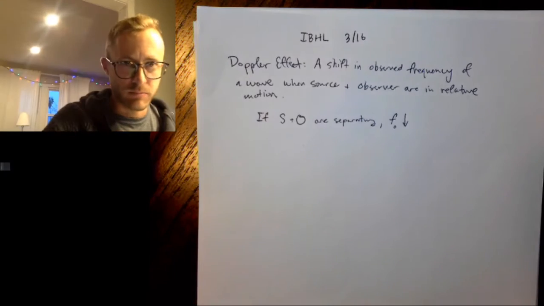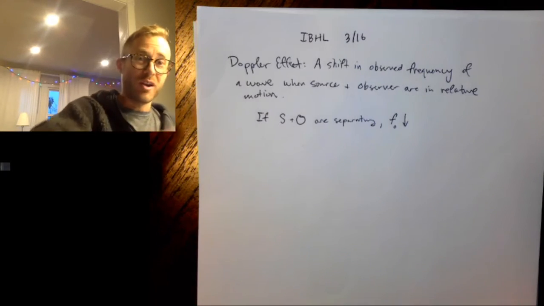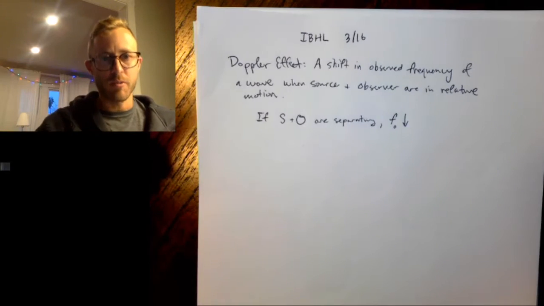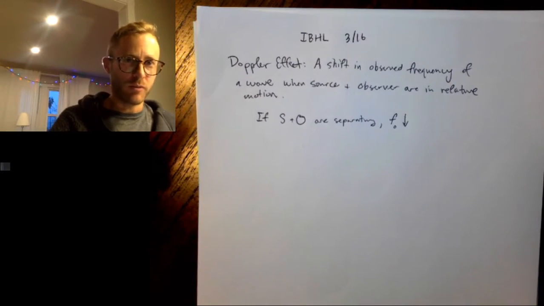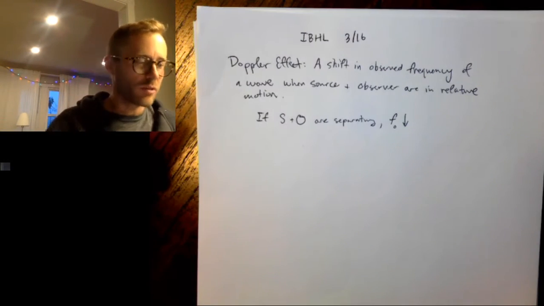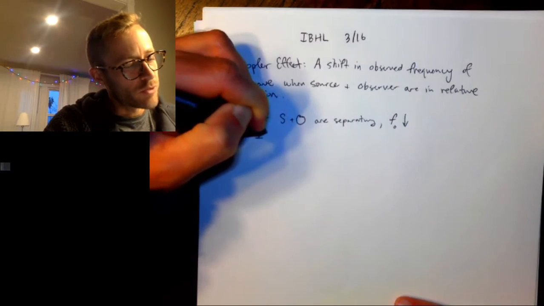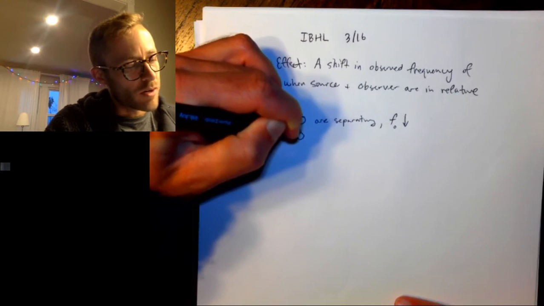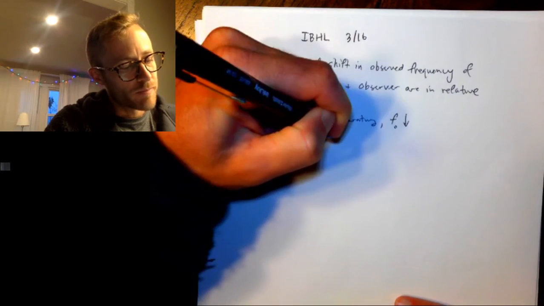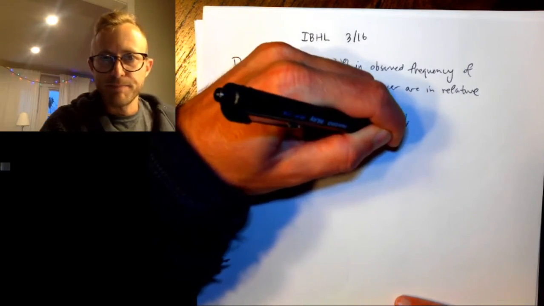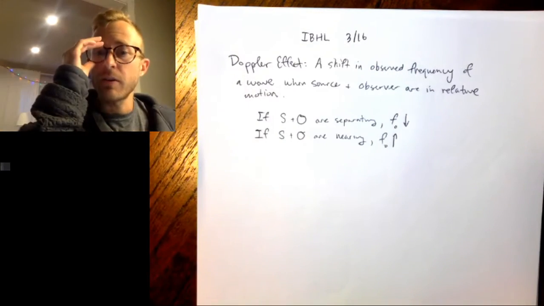It's going to go down. That's why once the ambulance passes you, you hear a lower pitch because it's going away from you, the observer, and the ambulance is the source. If the source and the observer are nearing each other, then the observed frequency is going to go up.